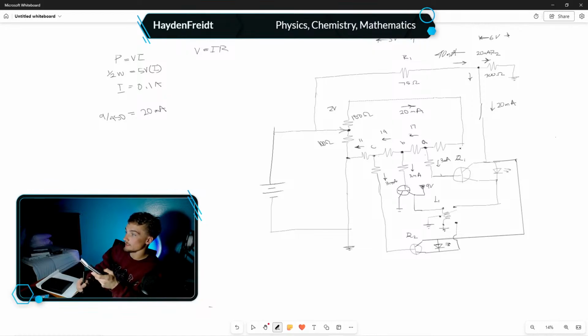So 20 milliamps is going to be lower, and 23 milliamps is going to be higher.